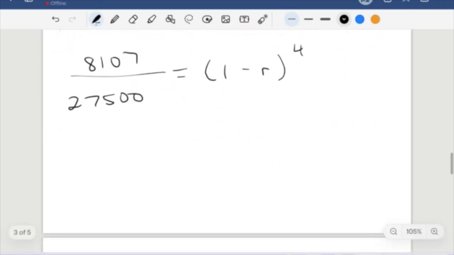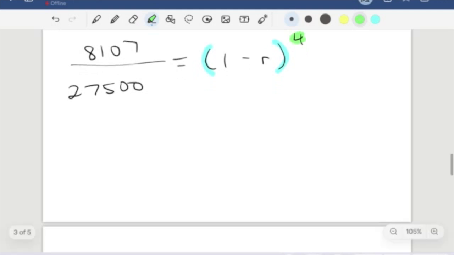Now this is where it's a little bit tricky. We notice, looking at what's happened, I've first taken the rate away from 1, and then after that, I took the whole thing to the power of 4. So taking it to the power of 4 is the last thing we did. So when we do our inverse operations, I'm going to do the opposite of that first.